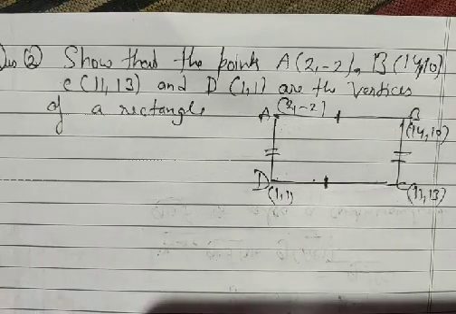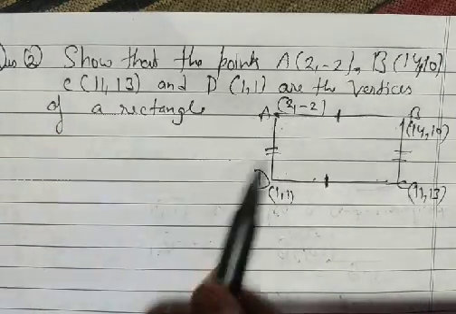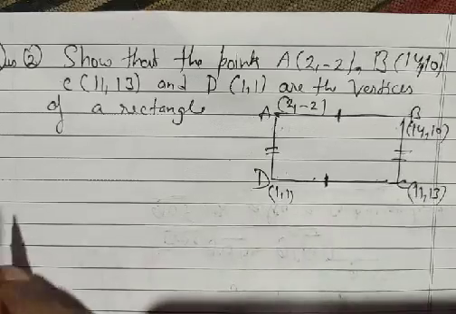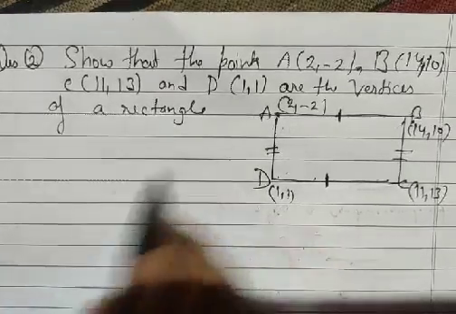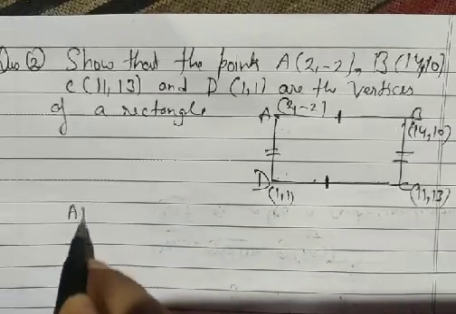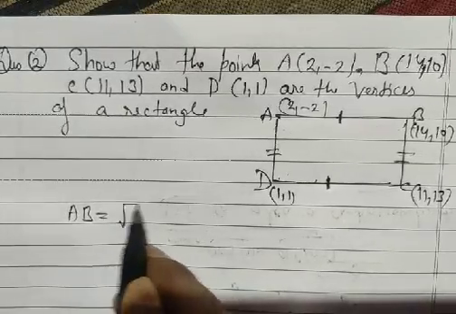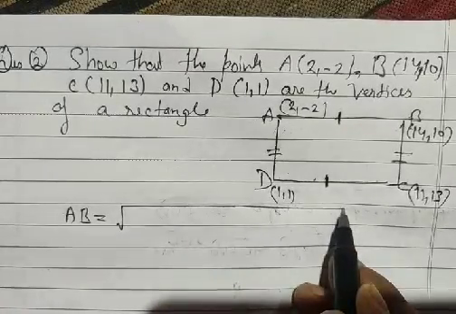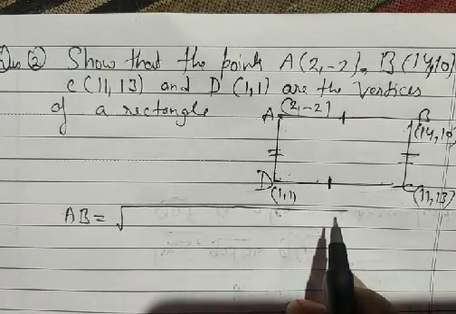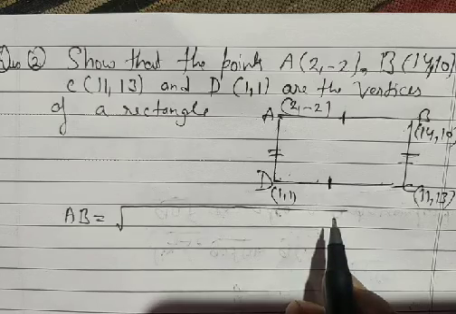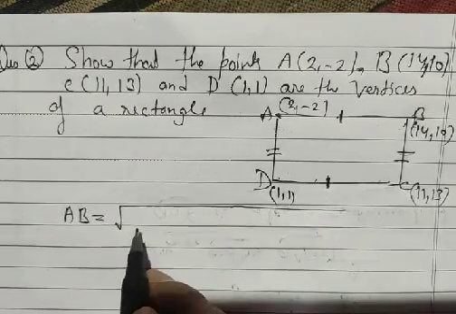Then we are going to first of all find, using the distance formula, the sides AB, BC and CD. We start with finding AB. To get AB, we use the distance formula.